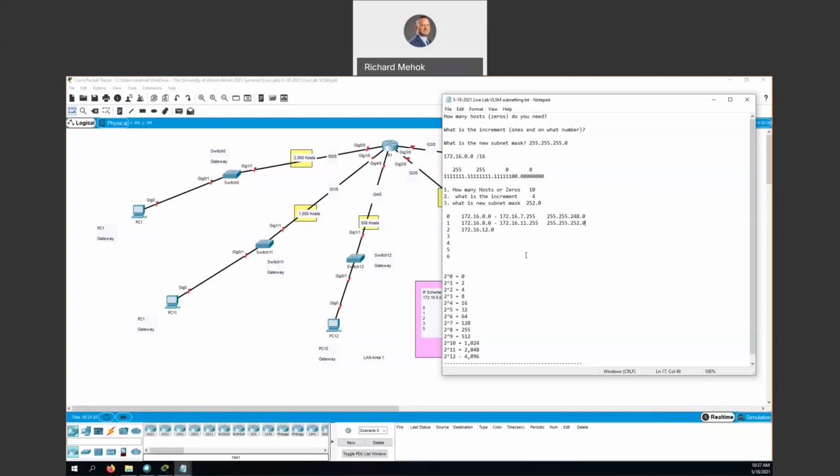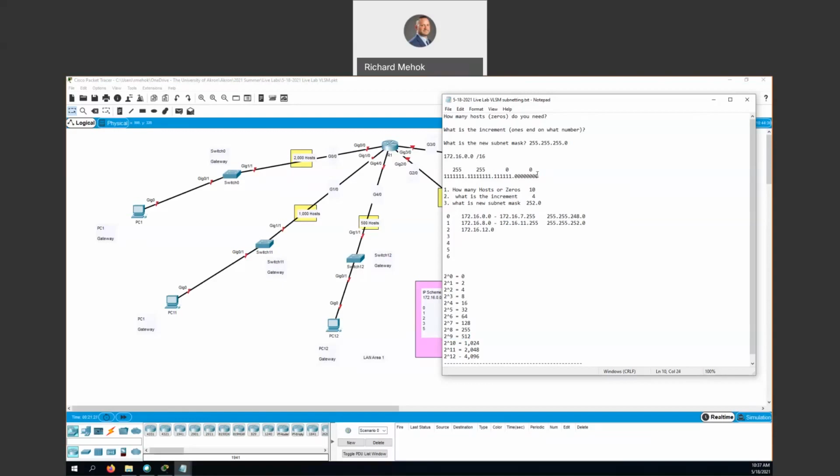Okay. Now we're moving on to our third network, which actually, if you look at it, 0, 1, and 2. So it's going to be our second network over here, but it's the actual third we're doing. So 500 hosts. Once again, find 500 on the chart. We need 9 zeros.